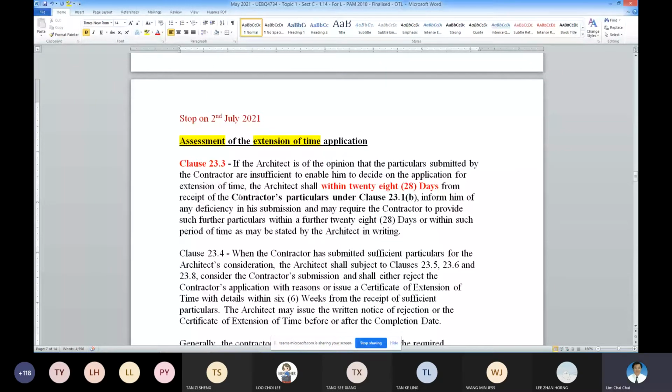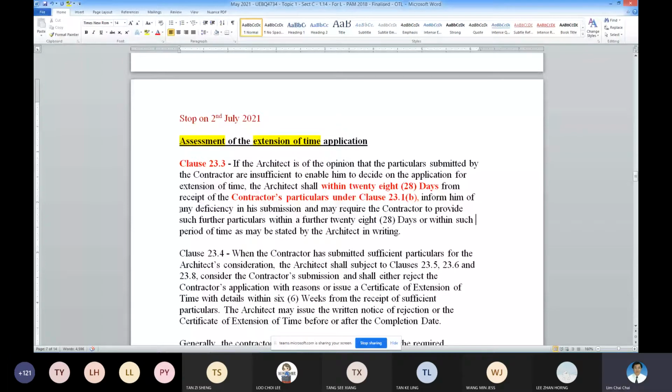So if the submission is complete, then the consultant will evaluate. If it is incomplete, then the architect or the consultants will ask the contractor to provide which areas are deficient. That means incomplete.